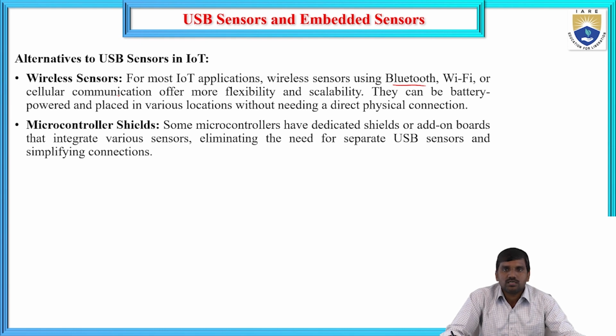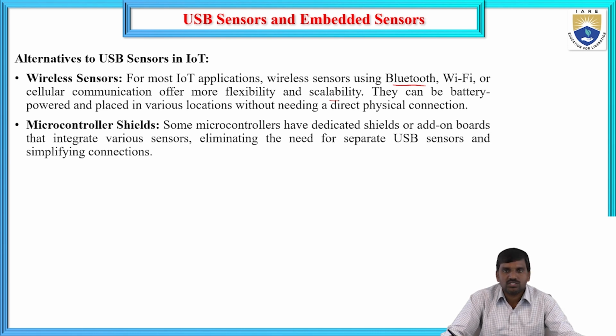Just now I told you, with the help of Bluetooth or Wi-Fi, headphones are connected to the mobile or laptop or whatever system. In the same way, cellular communication offers more flexibility and scalability. They can be battery powered and placed in various locations without needing a direct physical connection. That is the simple one.